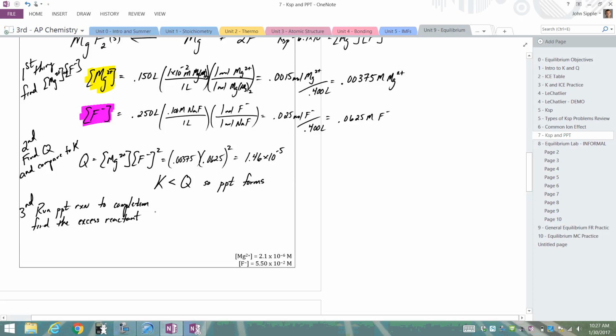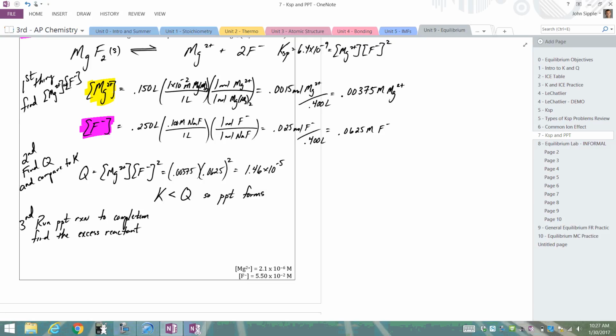So we can kind of see, pretty easy to see here, right? If I have 0.0015 moles of magnesium, and my mole ratio is 2:1, how many moles of fluoride would ultimately react with it to precipitate?